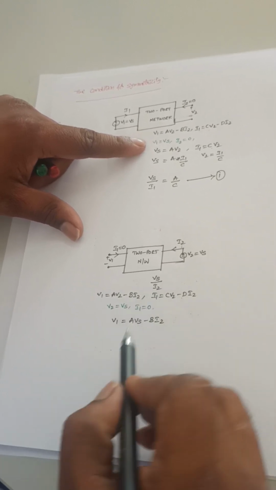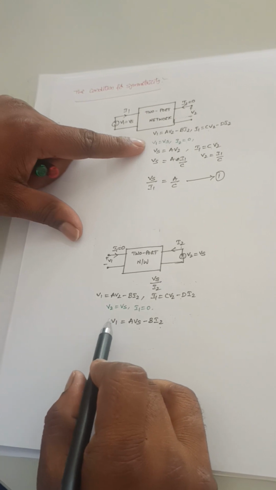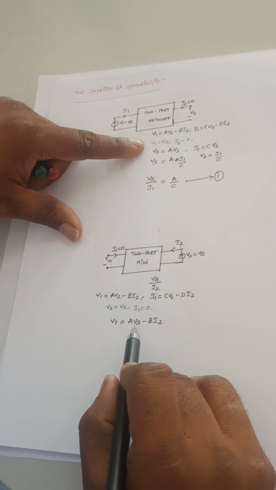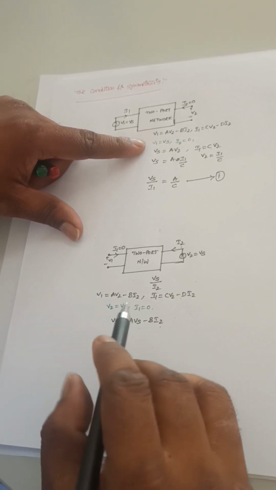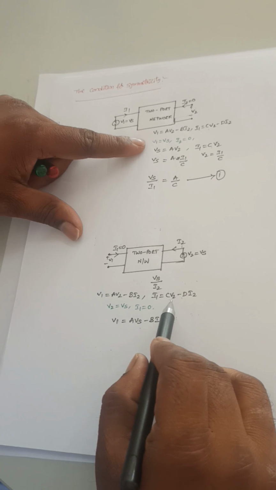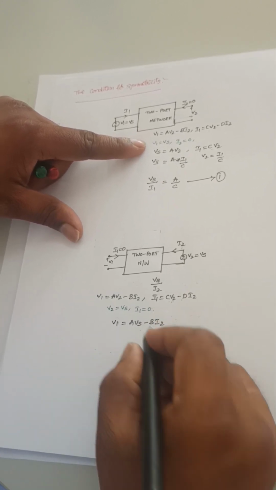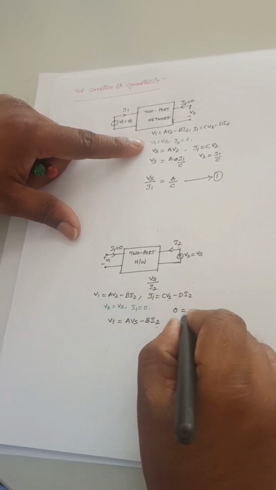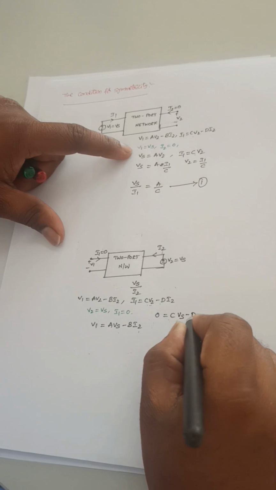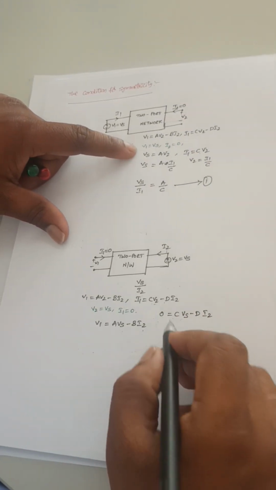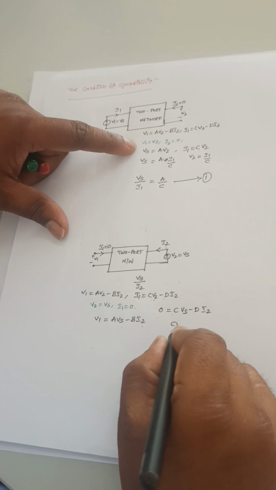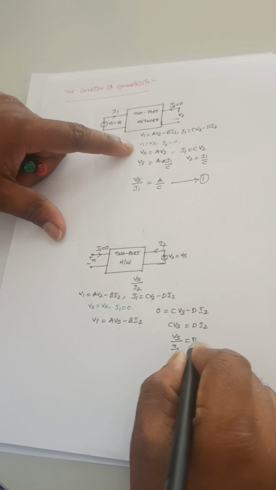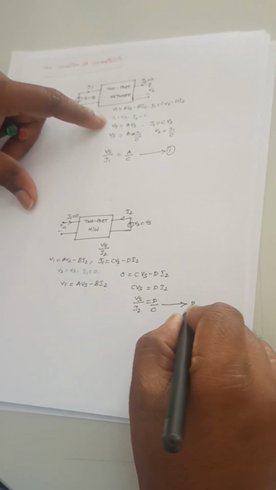I need to calculate this Vs by I2, so I should replace this V1 in terms of Vs and I2. Is there any possibility? If I substitute these values in this expression, I1 is equal to 0, which is C into Vs minus D into I2. From this equation itself I am able to calculate the Vs by I2. CVs is equal to DI2. So Vs by I2 is equal to D by C. Let me represent this as equation 2.